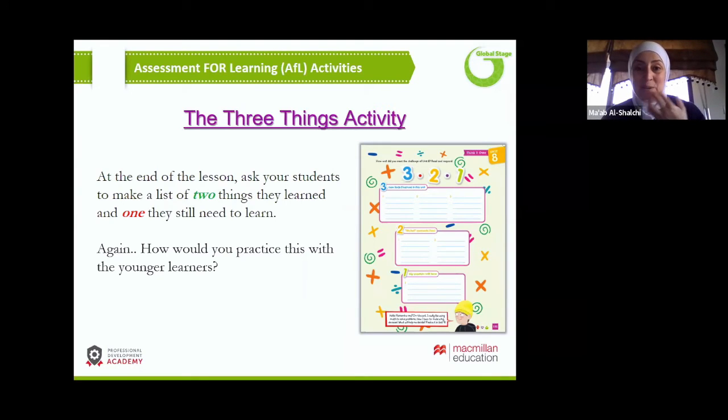And so what you need them to do is to work with each other. You ask them to share the idea, and they come up with the one point that they didn't quite get during that lesson.